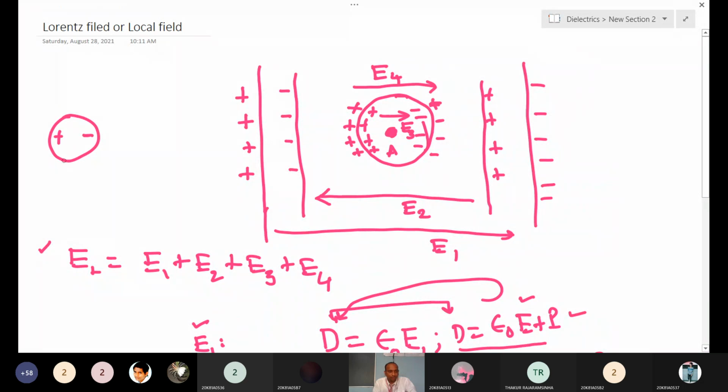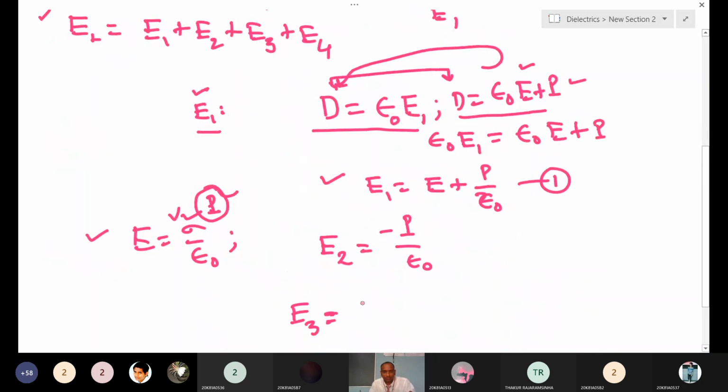Where two plus charges are there, two negative charges will be there. Equally induced inside the sphere, inside the cavity. Because of this, the electric field is equal and opposite within the atom, so the total net field within the atom will be 0.